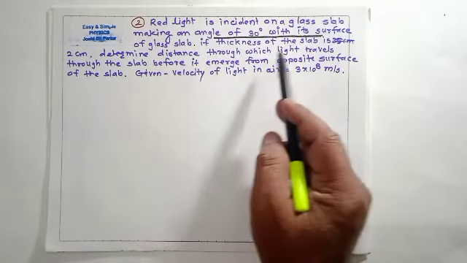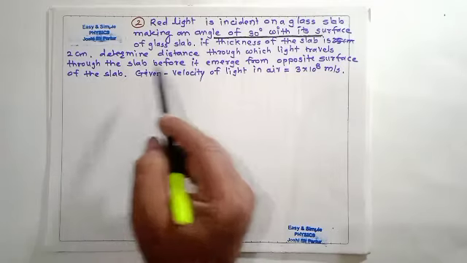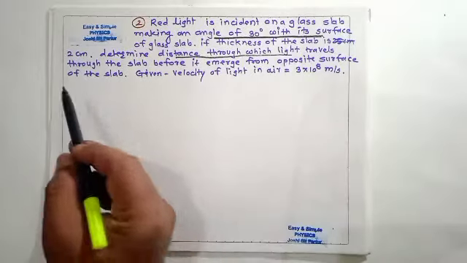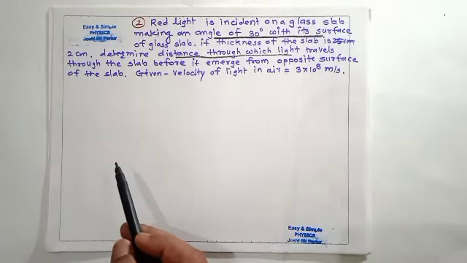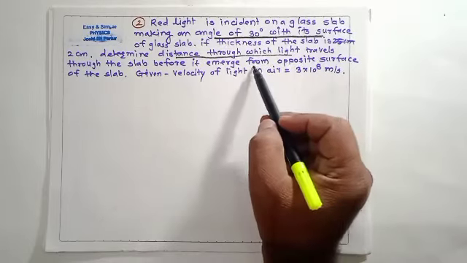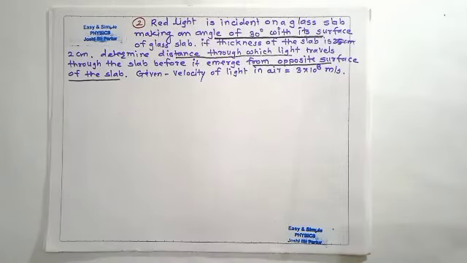If the thickness of the slab is 2 centimeter, determine the distance through which light travels through the slab before it emerges from the opposite surface of the slab. The opposite surface of the slab means in air.